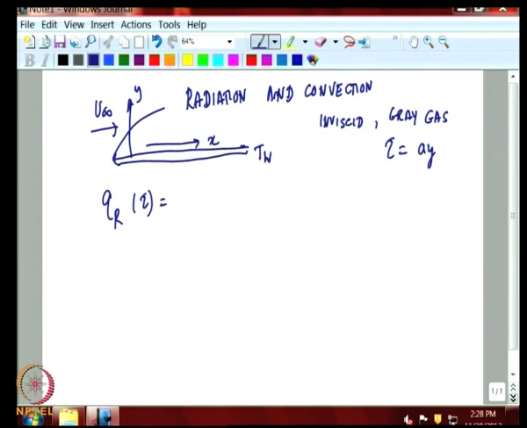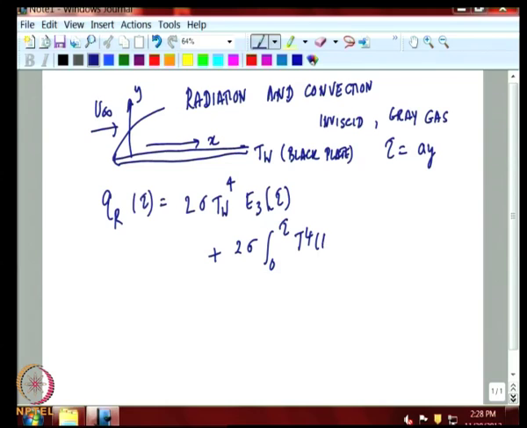If T wall is the wall temperature and you consider a black plate, then the radiative flux, as all of you will recall, will be 2 sigma T wall to the power of 4 E3 of tau, where E3 is the exponential integral function representing the angular integration, plus the radiation from the gas below a given layer and the radiative flux from above the given layer, and we go to an infinitely thick region there.